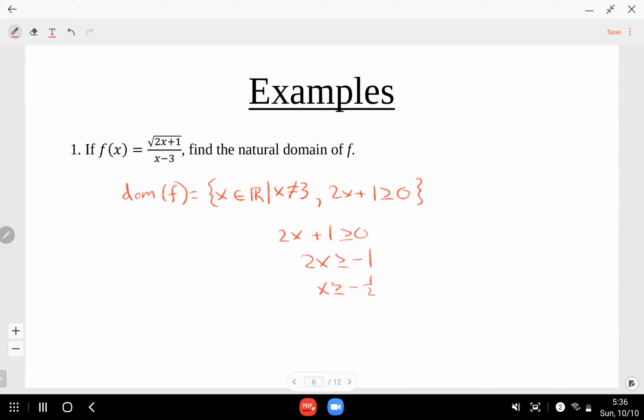This is what you get, this interval. You must not forget this. It's going to be -1/2 to 3 union 3 to infinity.